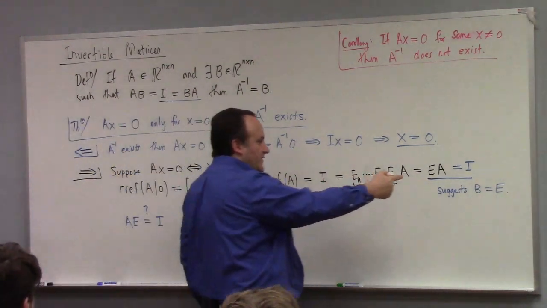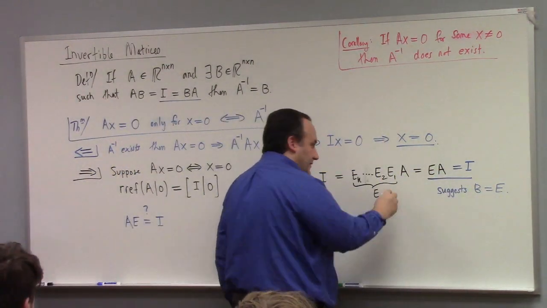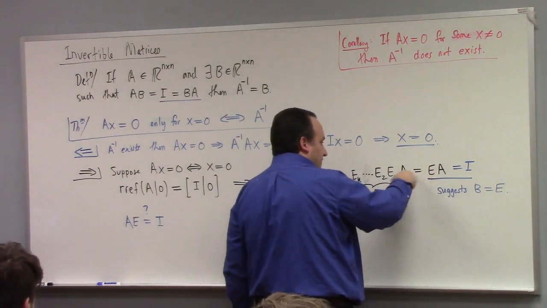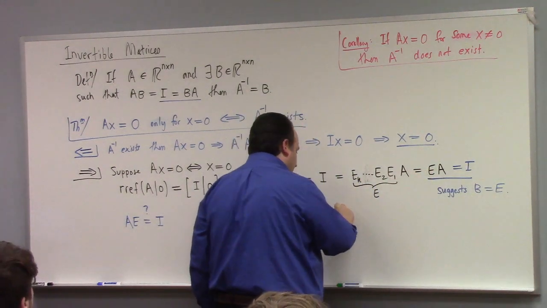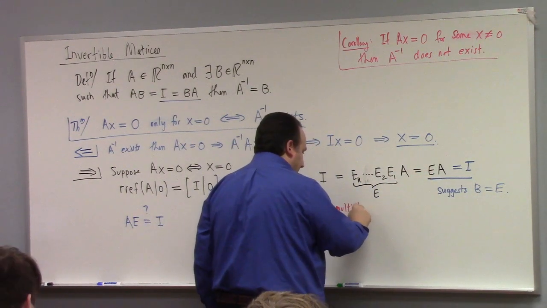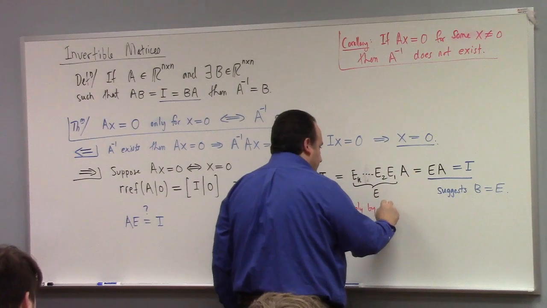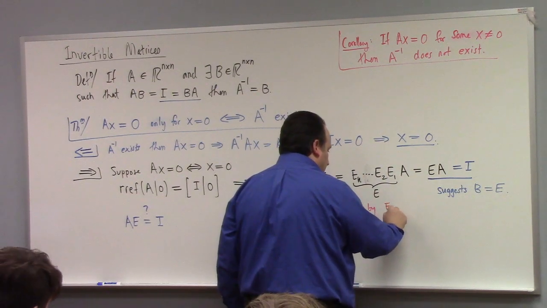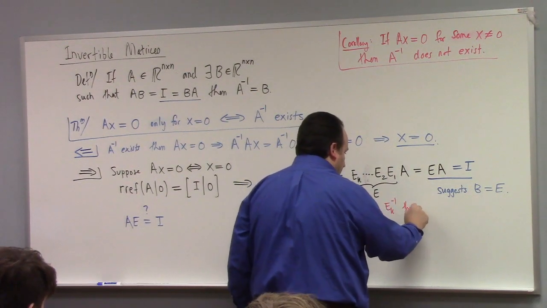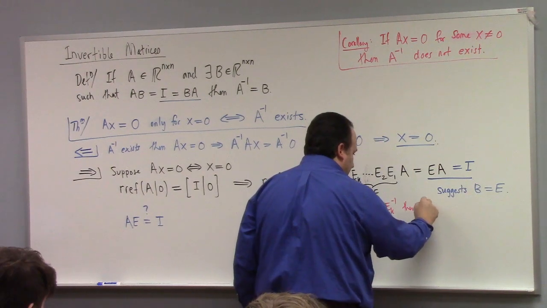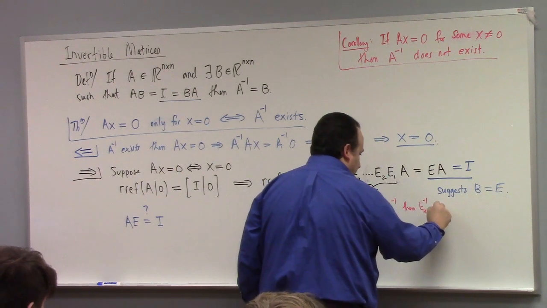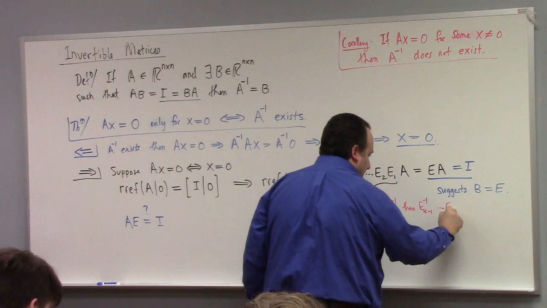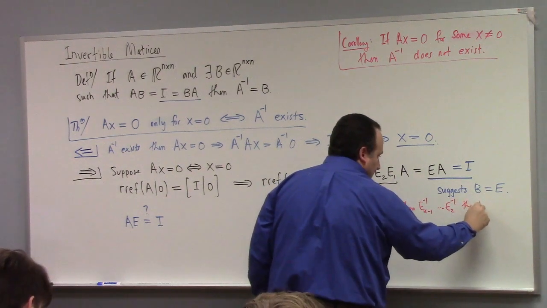So if you take this equation right here and we solve for A, what do we get? We can solve this equation for A by multiplying by E_k inverse, then E_(k-1) inverse, and so forth and so on, until I finally multiply by E2 inverse, then E1 inverse.